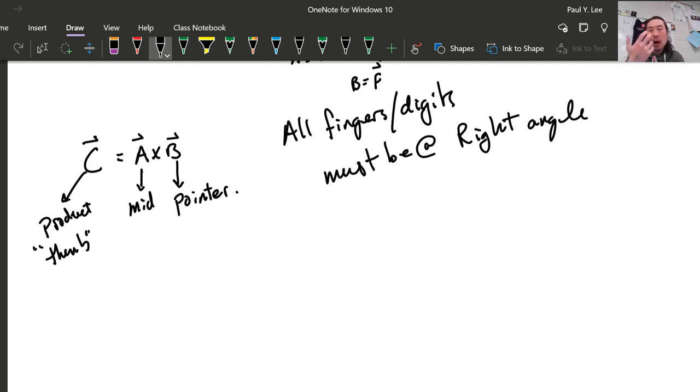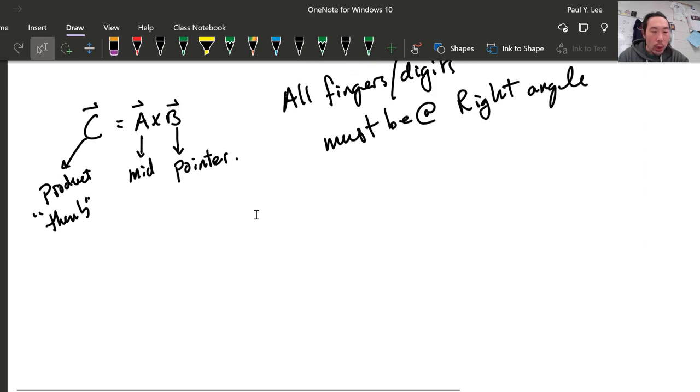Sometimes you might use your left hand for different kinds of problems, but I almost always say, it's called the right hand rule for a reason, so let's stick with our right hand. I'll go over the different scenarios where you could use your left hand, but you can always do every single problem using your right hand.